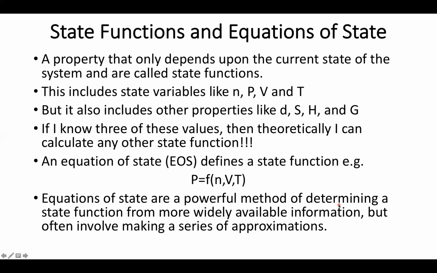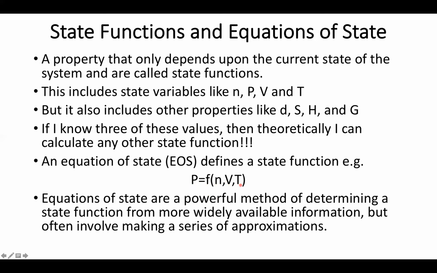An equation of state is just a way to define a state function, for example, pressure, in terms of three other variables. The classic one is I can define pressure in terms of the number of moles, the volume, and the temperature of the system I'm looking at.